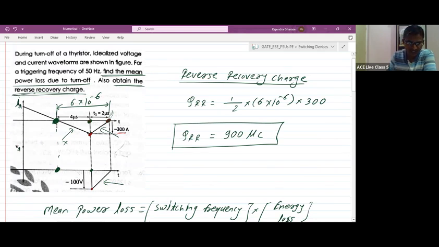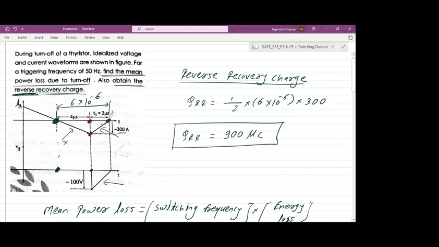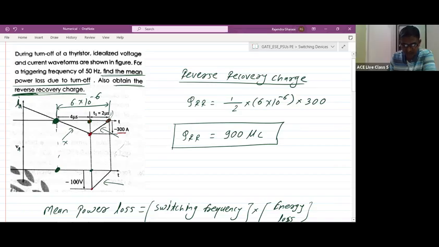This current waveform is like this, negative. This is due to your stored charges. And the stored charges are removed only during from this point to this point.